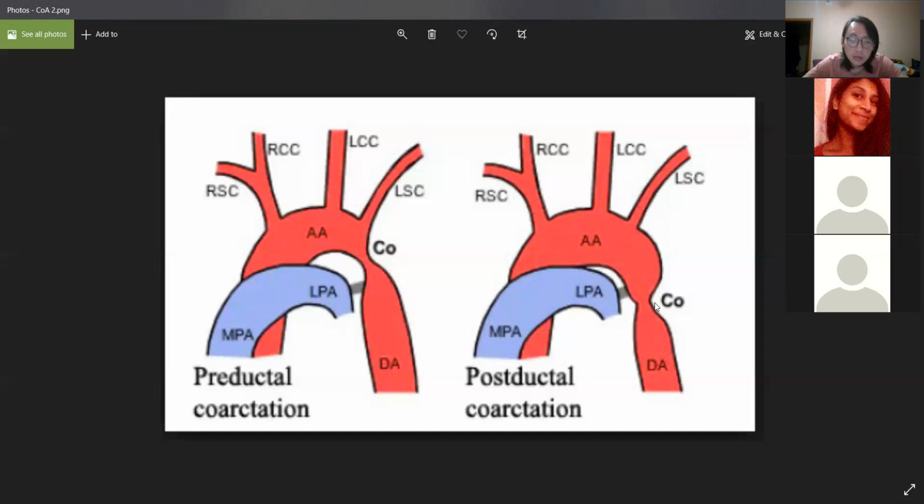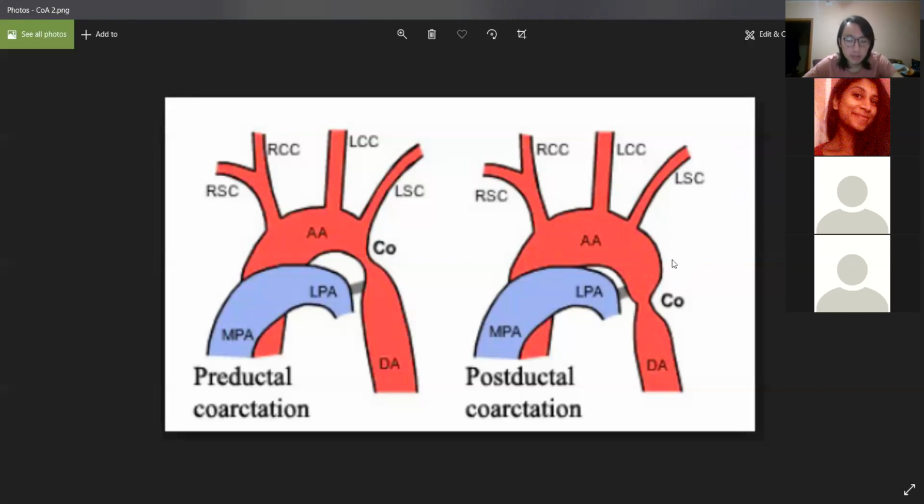Now, if you detect on your upper extremities that the pulse on your right hand is stronger than your left hand, you can suspect that the coarctation is affecting your left subclavian artery, right? So it gives you a picture of where the narrowing is.